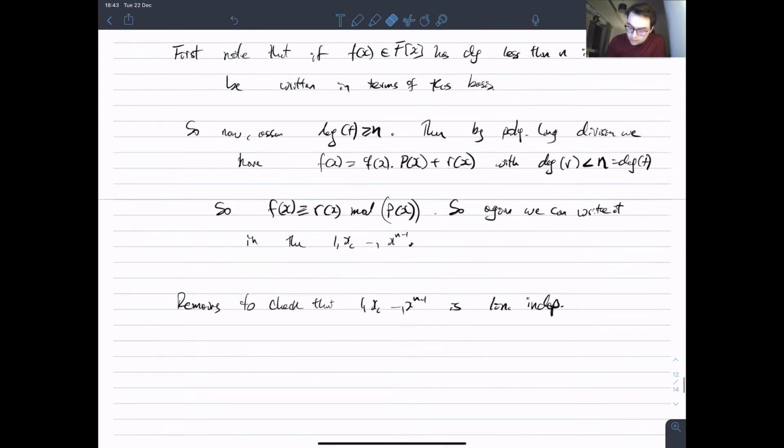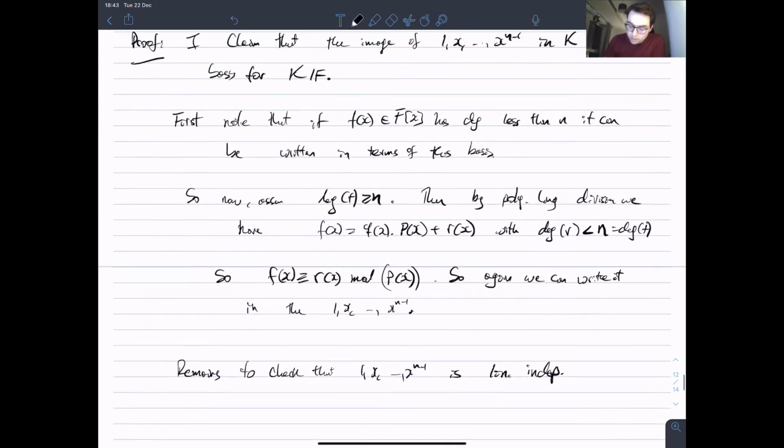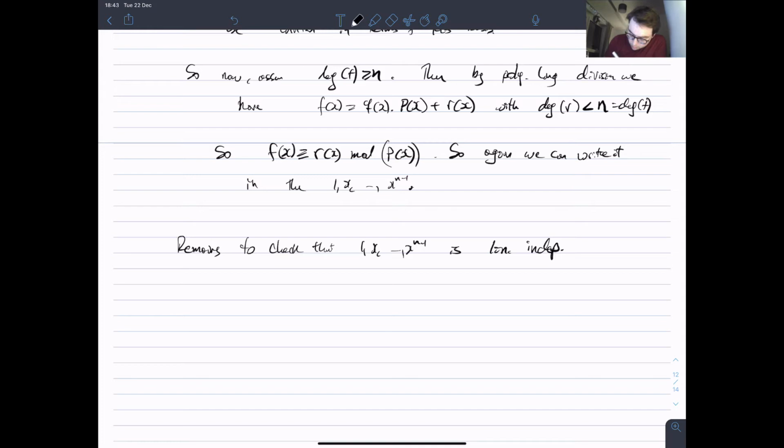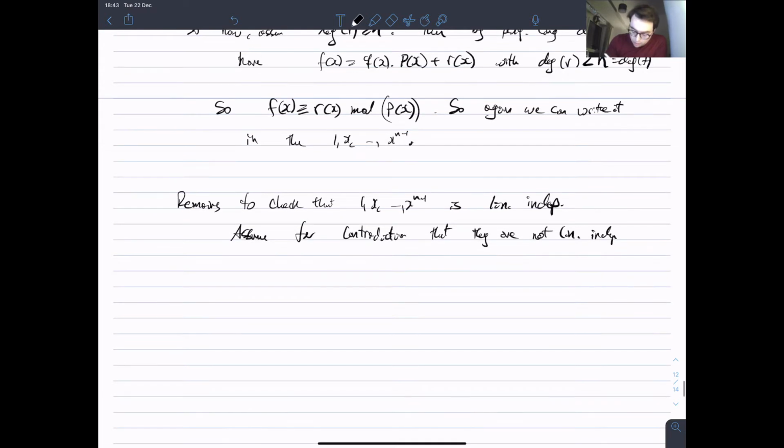I already said that these xi's were the images of x inside of here, so I don't need to put some bars. So assume, for contradiction, that they are not independent.